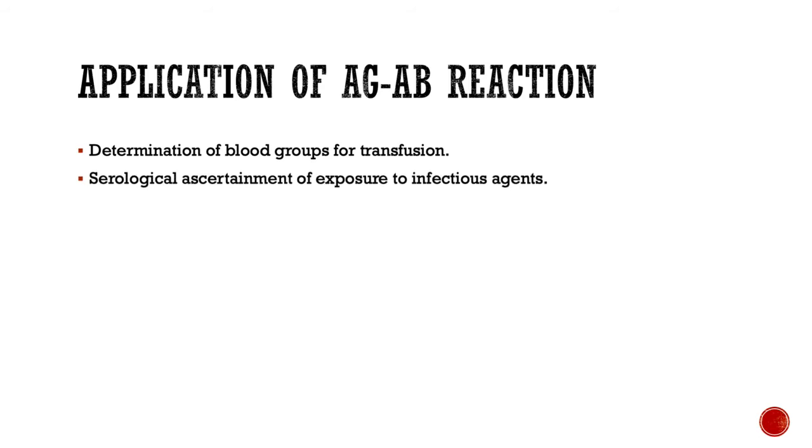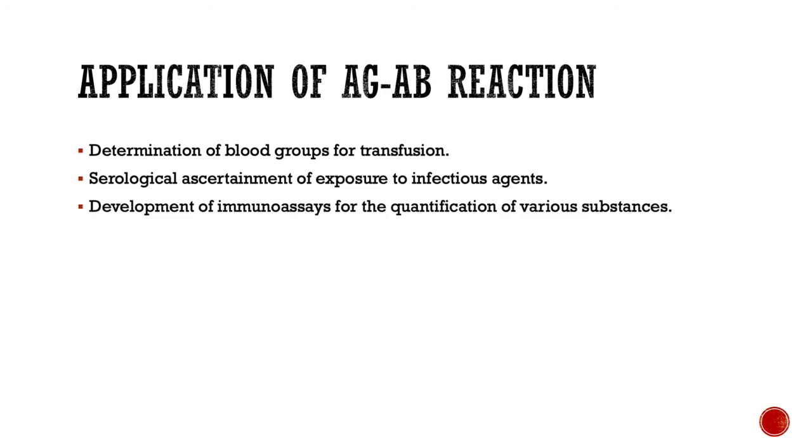Next, serological ascertainment of exposure to infectious agents, that means finding out whether the serum has been exposed to any infectious agent, with the help of different kinds of antigen antibody reaction.